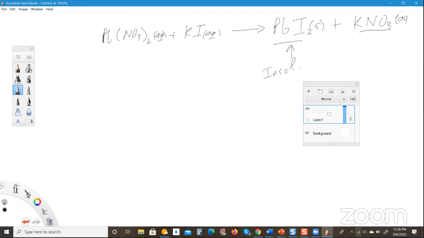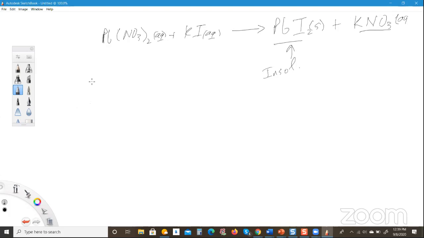Now for these types of reactions, to get the net ionic equation, we have to pay attention to the state symbols present for each of these substances, starting with the lead(II) nitrate. The key thing you need to remember here is that any ionic compound which is aqueous will dissociate to form its constituent ions.